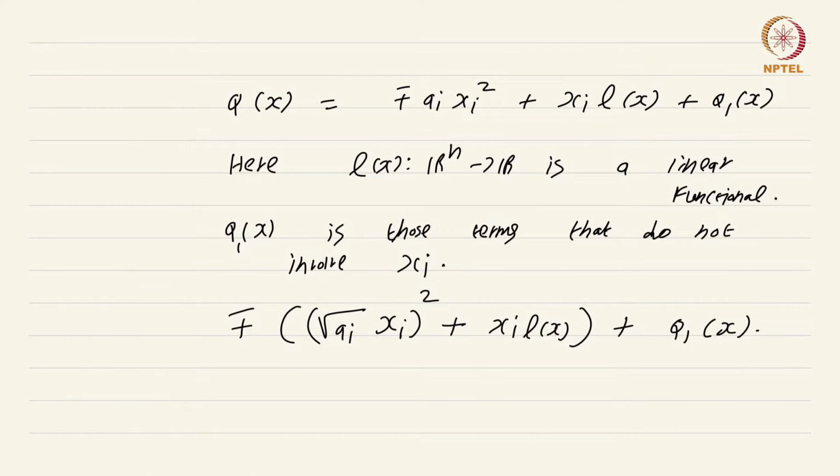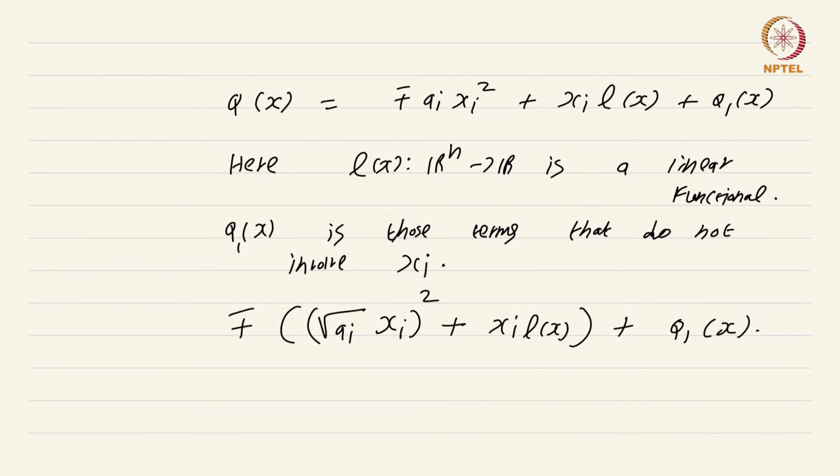To do this, I might have to put a minus sign in front of L of x, but that's irrelevant. Once this is done, you complete the squares. I want to write this term as a perfect square, so I need to add and subtract something to make this into a perfect square, and what I need to add and subtract is precisely L squared x by 4a. Think about why that is the case.